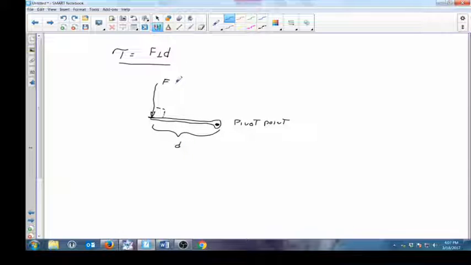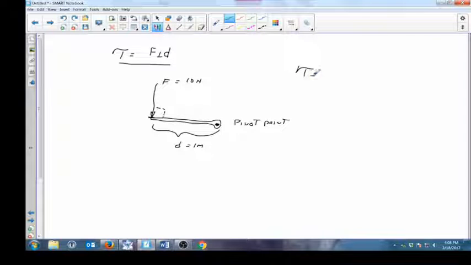So if this force was equal to 10 newtons, and the distance was, let's make it easy, 1 meter. It's a very big wrench.